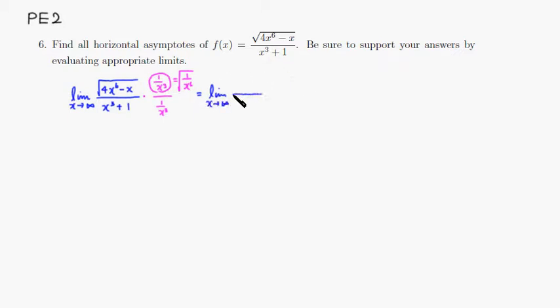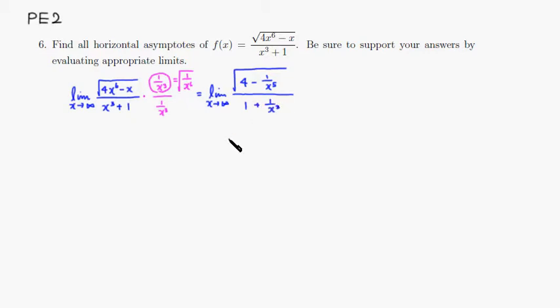Since both have square roots, we can put them inside the same square root. 4x to the 6 divided by x to the 6 is 4. Negative x divided by x to the 6 is negative 1 over x to the 5th power, because one of the x's cancels out. x cubed divided by x cubed is 1, and 1 divided by x cubed is 1 over x cubed.